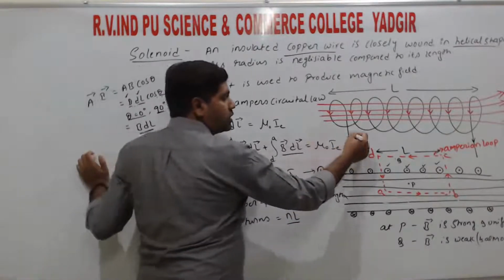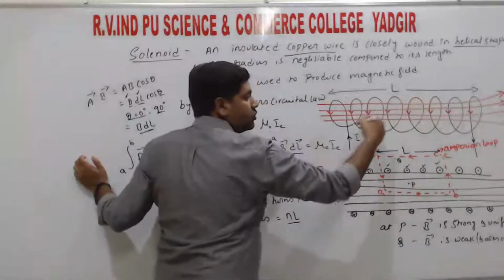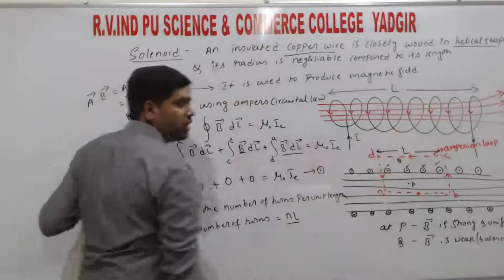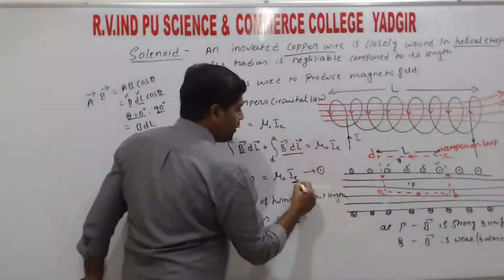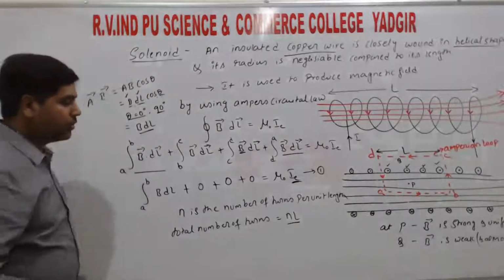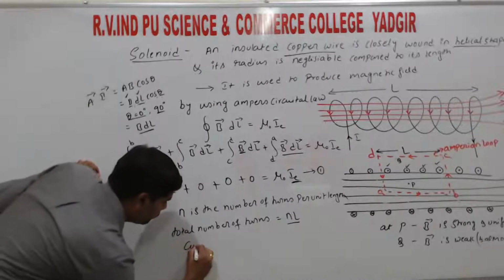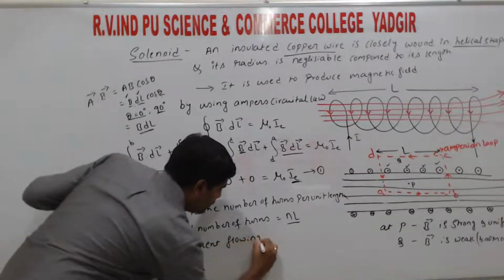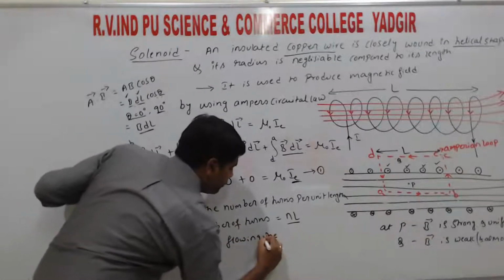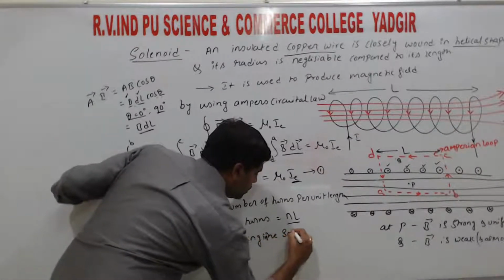So current flows through all these turns. Since current flows in all the turns, initially we need to find the value of I E, the current flowing in the solenoid.